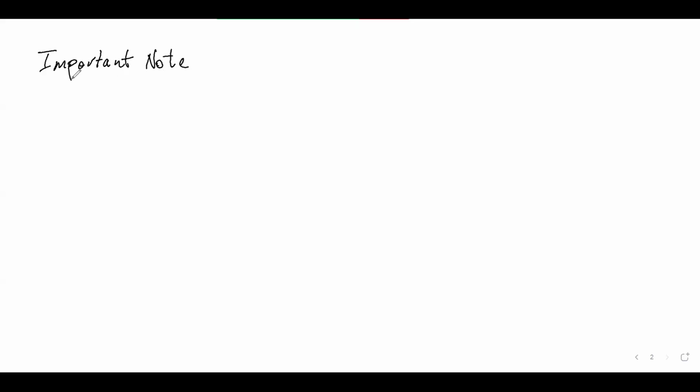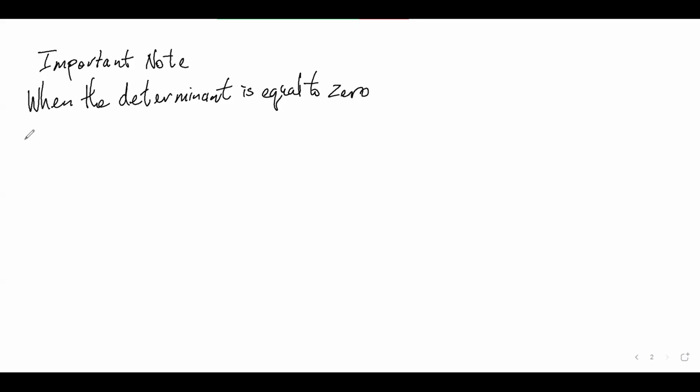Now, when the determinant is equal to 0, the matrix is called a singular matrix.